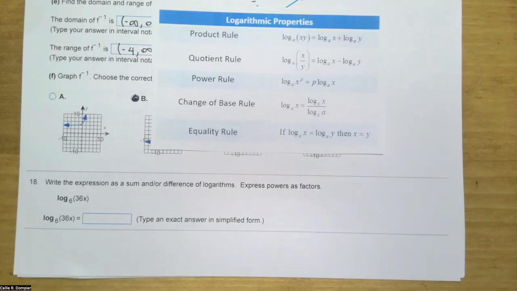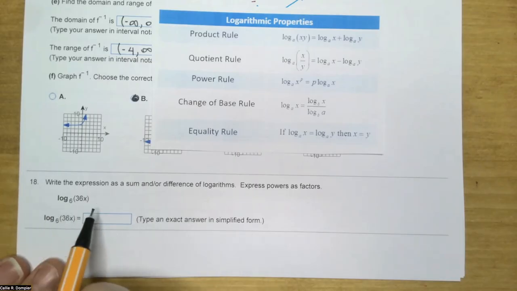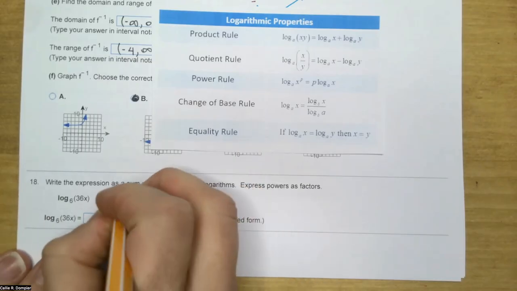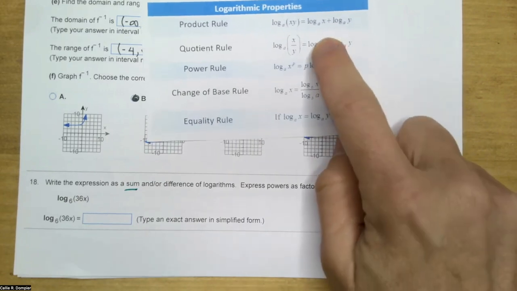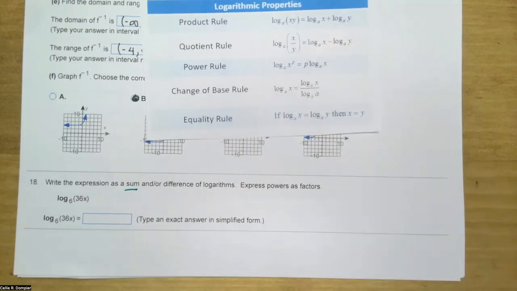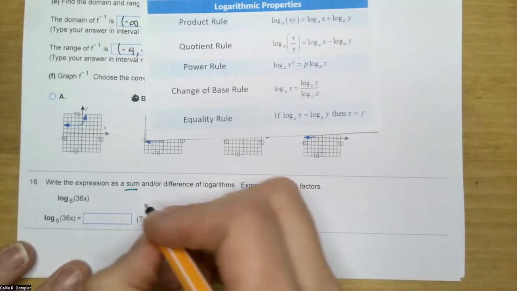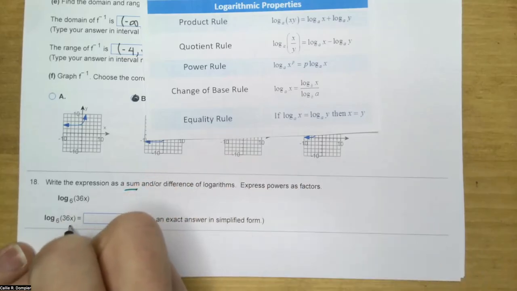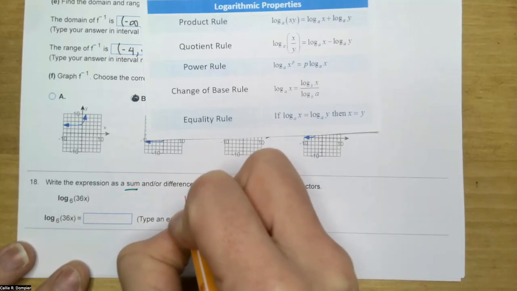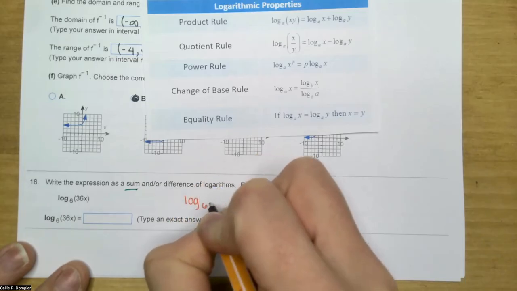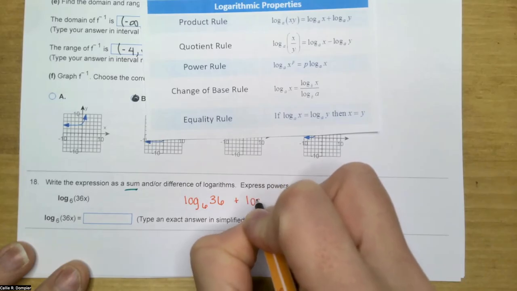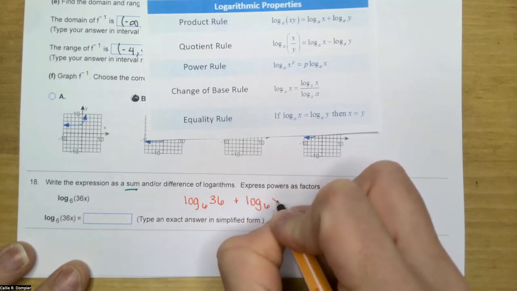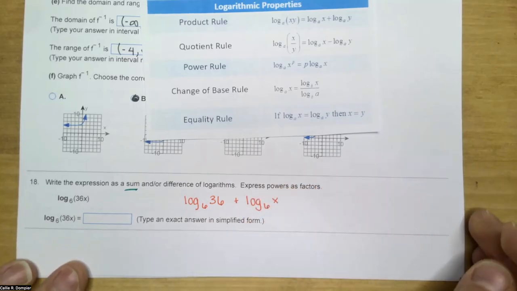So we want to express it as a sum, because we are going to add them. So log base 6 of 36 times x becomes log base 6 of 36 plus log base 6 of x. Good?